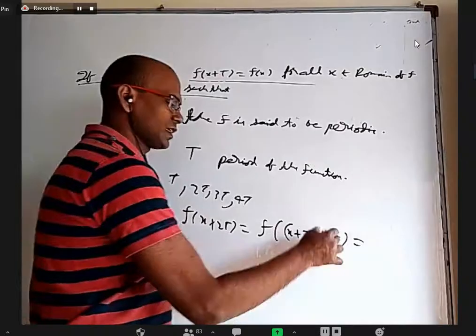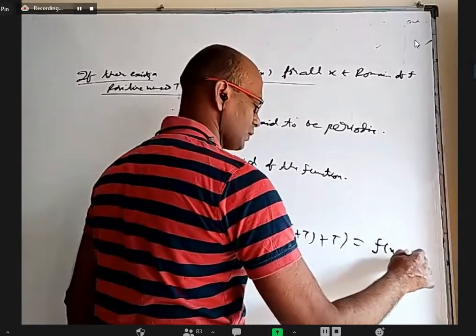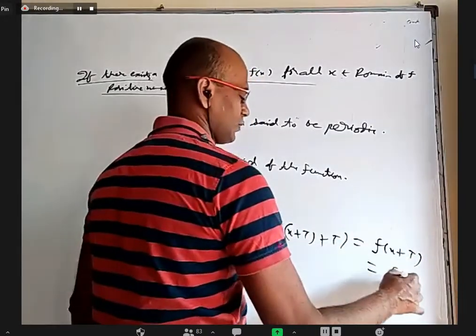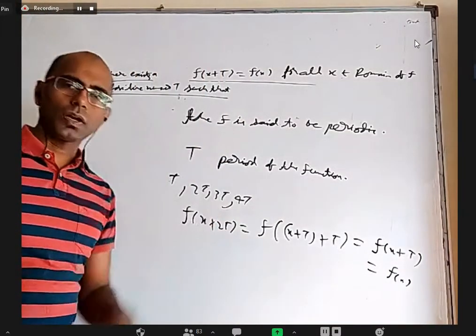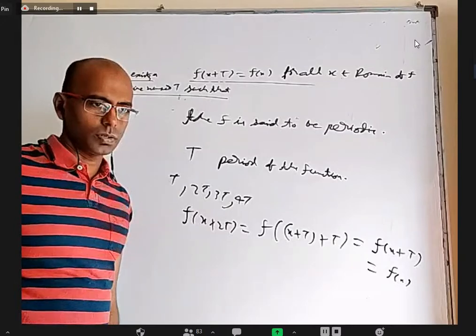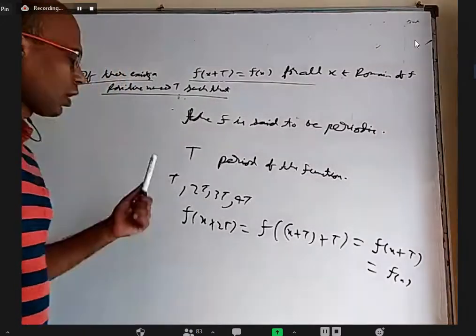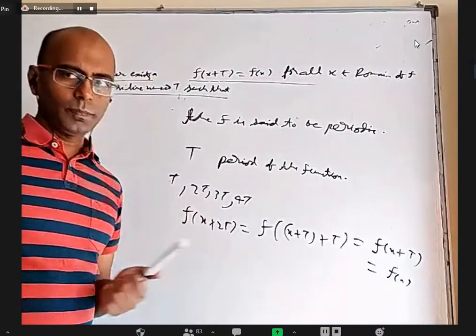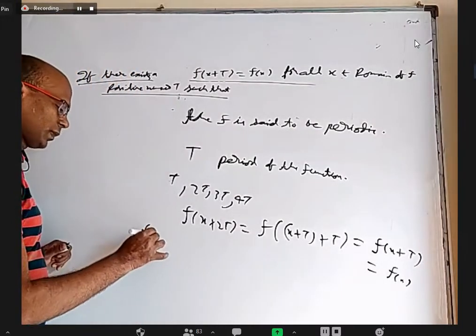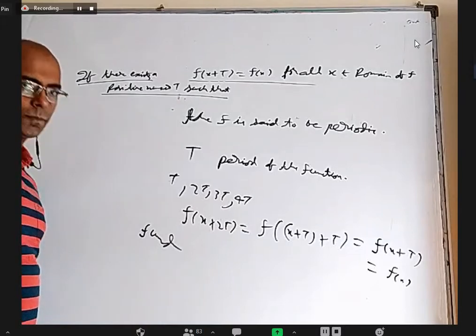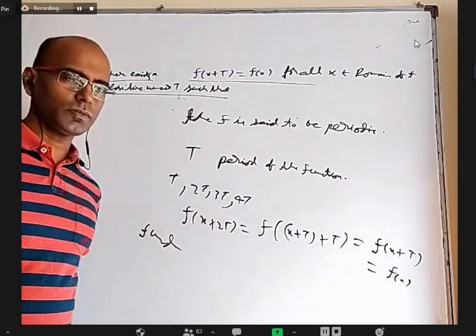So neglect this t, it becomes f of x plus t. Again neglect that t, you get f of x. So whenever t is a period, 2t, 3t, 4t are also periods, no doubt about it. Among all these periods, the least positive value is called the fundamental period. I'm not writing it, just mentioning fundamental period.